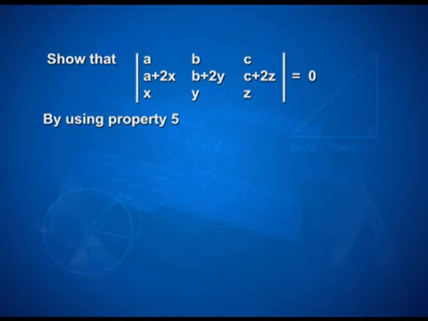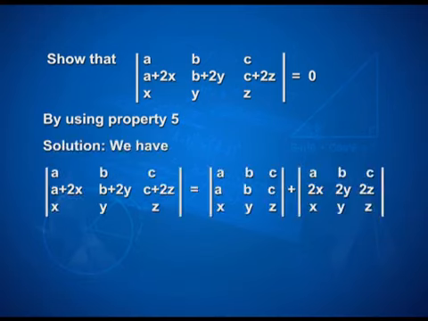So, students, now let us solve another example to verify property number 5. Determinant a, b, c, a plus 2x, b plus 2y, c plus 2z, x, y, z as third row is equal to 0.